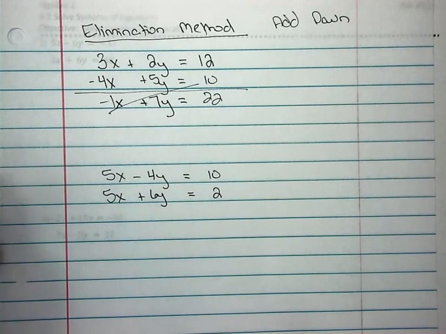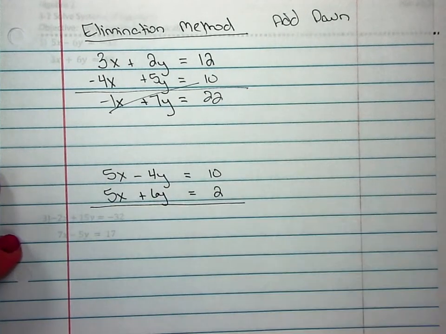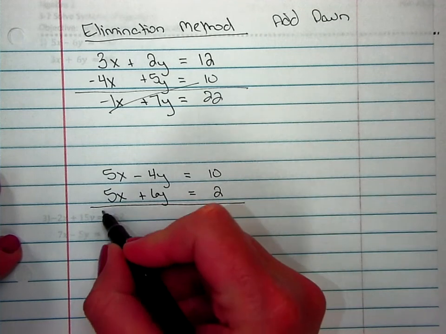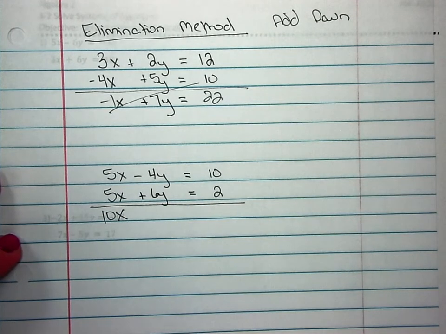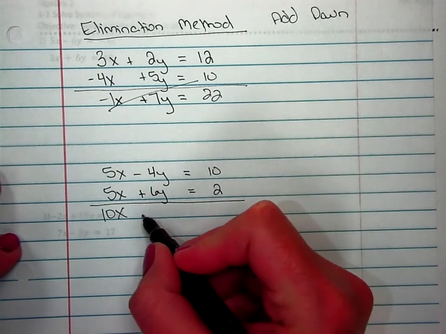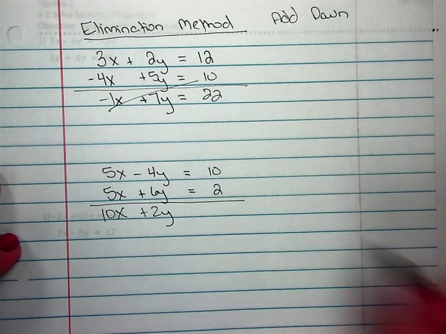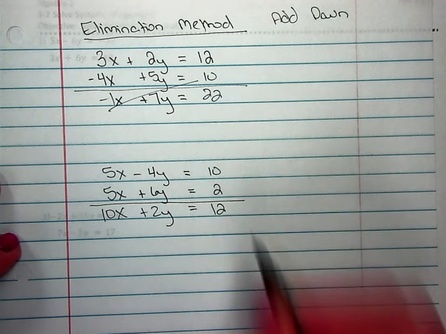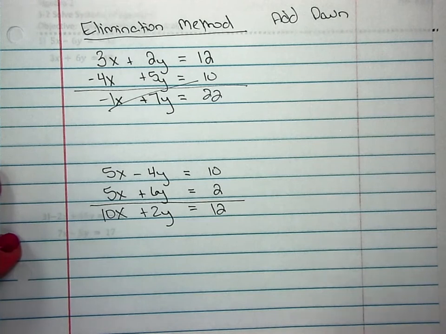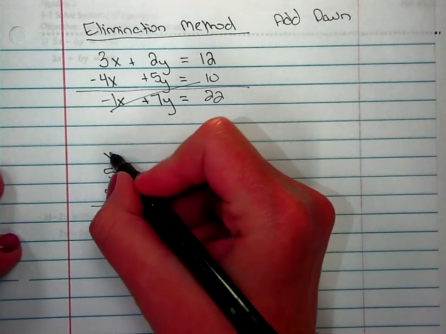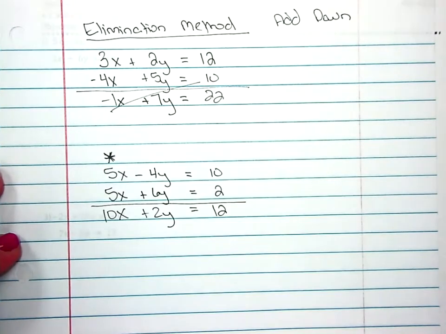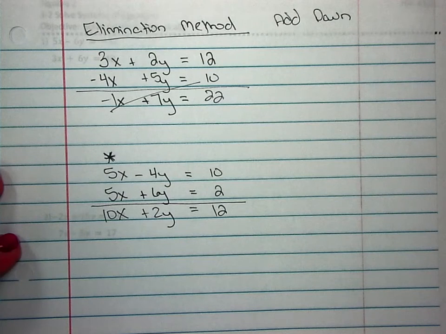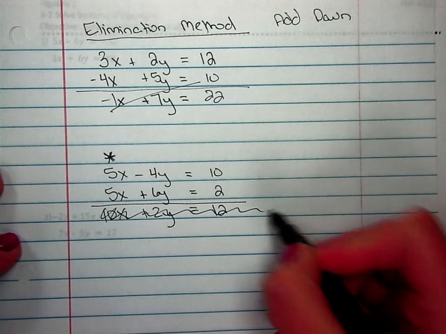When I try to add down, I would get a 10x. If I added down here, I would get a 2y. And if I added down here, I would get a 12. So I did not eliminate, but if you focus in on the x's, I got really, really close.